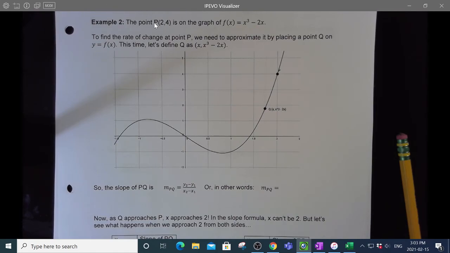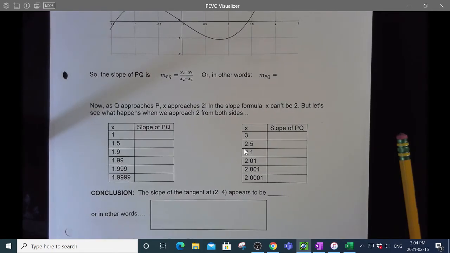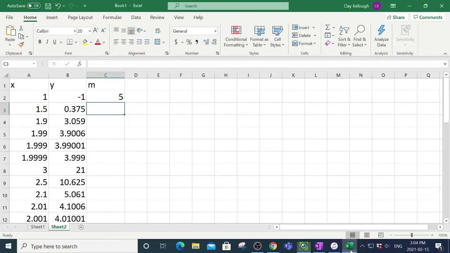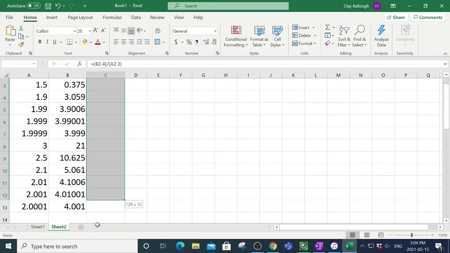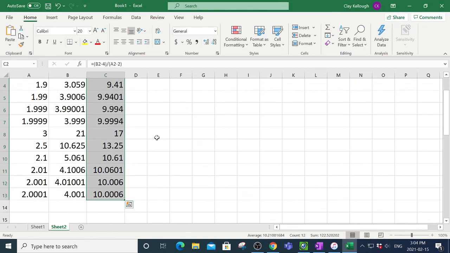Oh, there, it says it up there, the point 2, 4. So I'm comparing all of these slopes from the point 2, 4 to these new points here. So looking at that, I can now fill this equation down, and I will get all of the slopes that we got when we did it together in our notes.